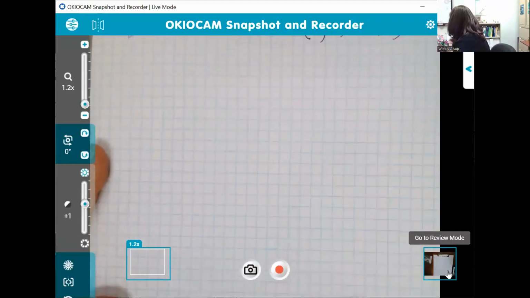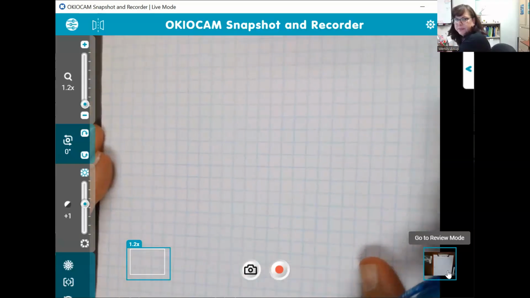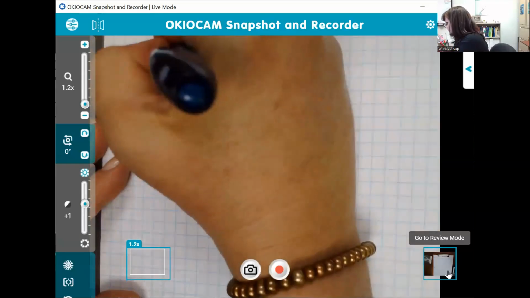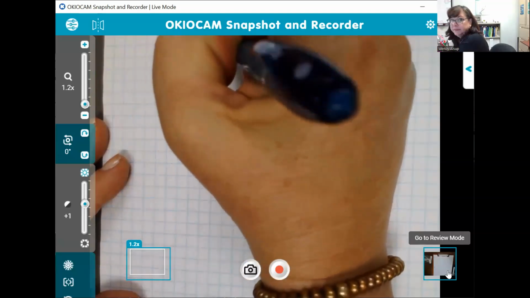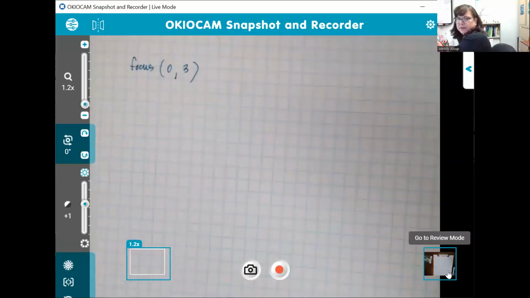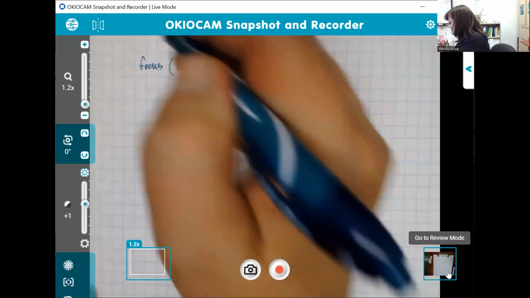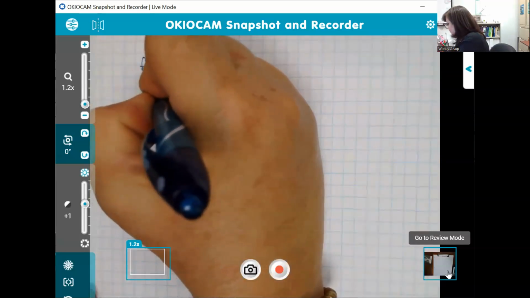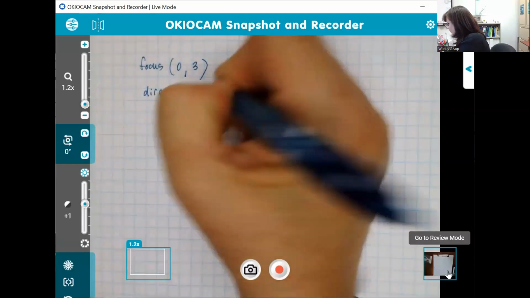So we were given a focus of 0, 3, and a directrix of y equals -3. So let's graph that out a little bit.